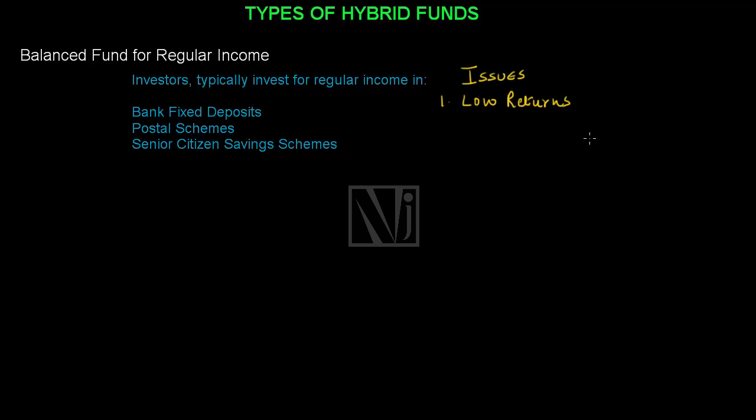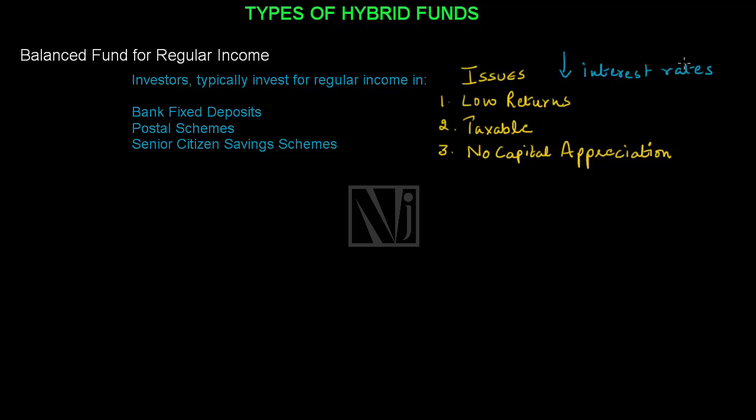Low returns. 2. These low returns are taxable. And 3. There is no scope for capital appreciation. And considering the present scenario where the interest rates are continuously falling, the investors are more keen on exploring other options which can give better returns.